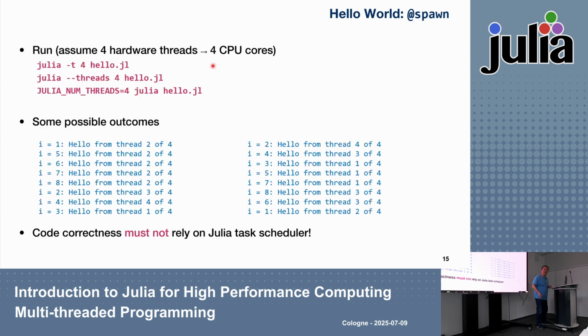And to execute this code by using multi-threading, for example, if you have 4 CPU cores, you can use the option -T4 or --threads 4, or set the Julia environment variable Julia number of threads equals 4 to use multi-threading to execute this code.